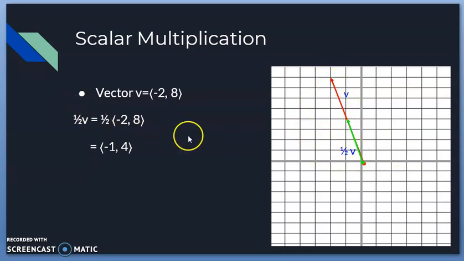If we're taking 1/2 of this vector, we just have to multiply each of these components by 1/2, and this will give us 1/2 times -2, which is -1, and 1/2 times 8, which is 4. This green vector here represents vector v multiplied by a scalar.